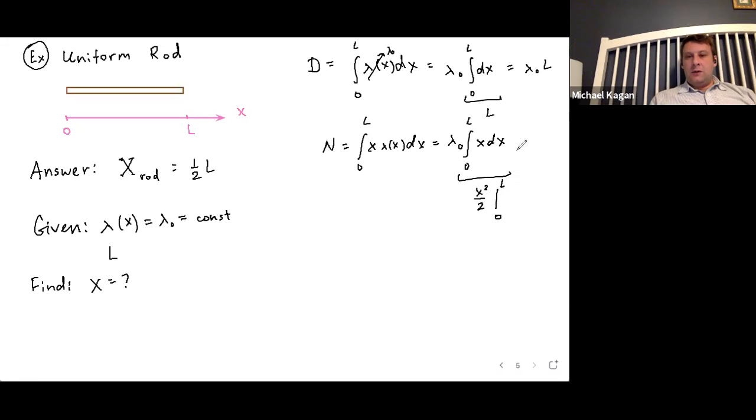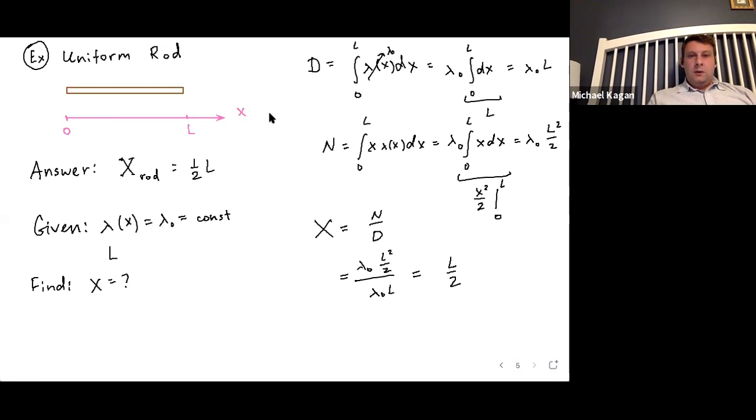The lower limit gives you 0. So the result is lambda naught times L squared over 2. Okay? And then the center of mass is numerator over denominator, which is lambda naught L squared over 2, over lambda naught L, which simplifies to L over 2. Are we good? Okay.